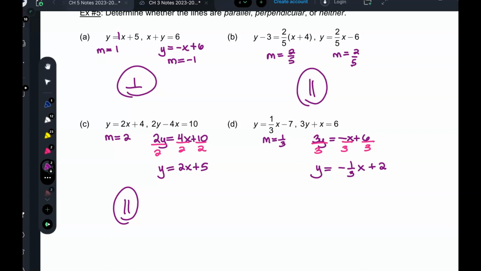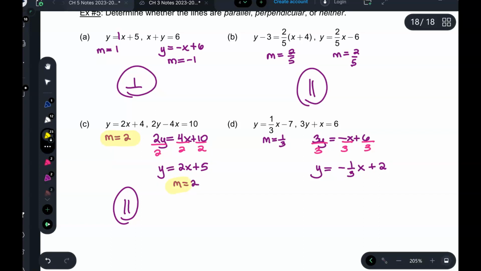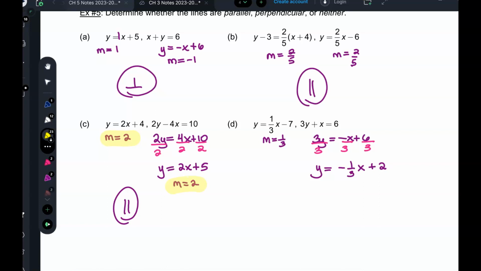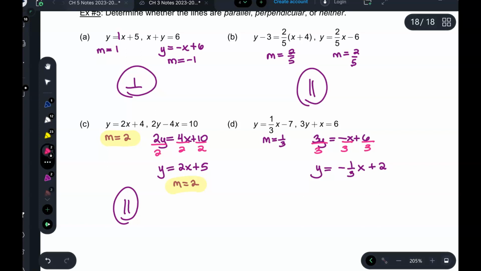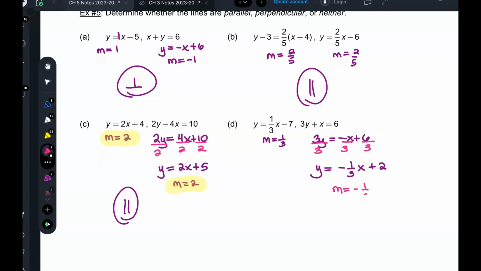If they're parallel, wouldn't it be neither for this one? If the slopes of the two lines are the same, then it's parallel. So I just solved for y, right? But then, okay, what about this one? What did we get here? The first one, why was it perpendicular? Because they're opposite reciprocals.